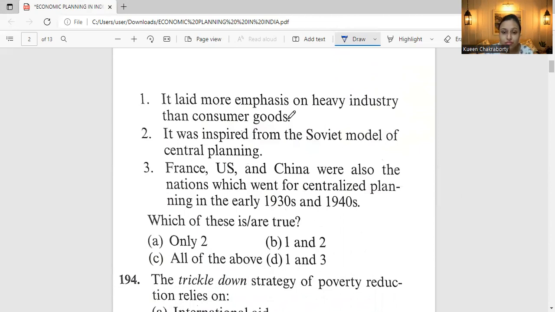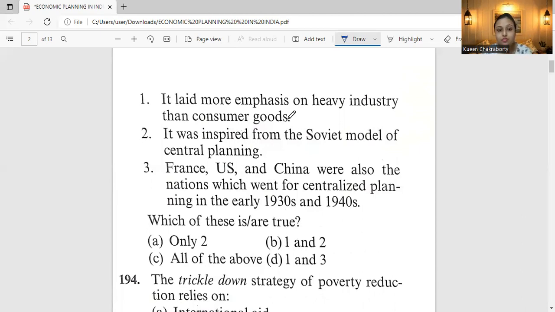It was inspired from the Soviet model of central planning. France, United States, and China were also the nations which went for centralized planning in the early 1930s and 1940s. Okay, so which of them are true? Only 1 and 2, all of the above, or only 1 and 3.